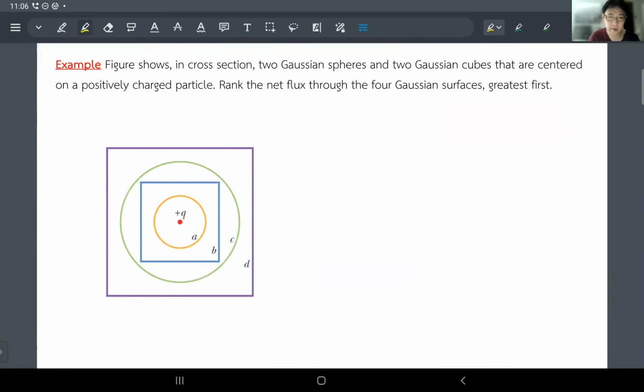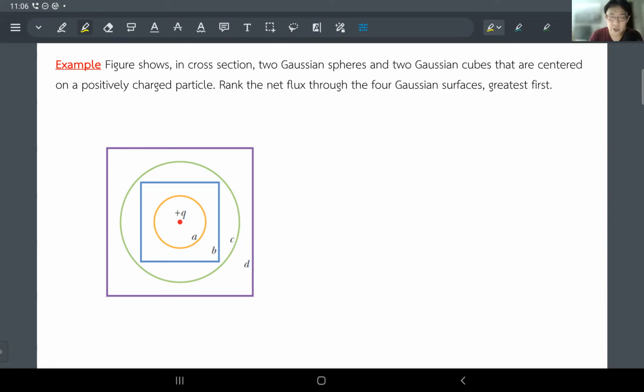But before we do that, let's answer this question quickly. The figure shows in cross section two Gaussian spheres. So that means you pick a sphere as the shape of your closed surface, and we name them Gaussian surfaces. So we call it a Gaussian sphere. And two Gaussian cubes. So you have another shape as a cube.